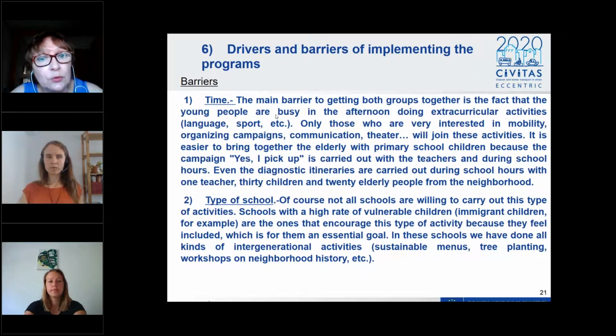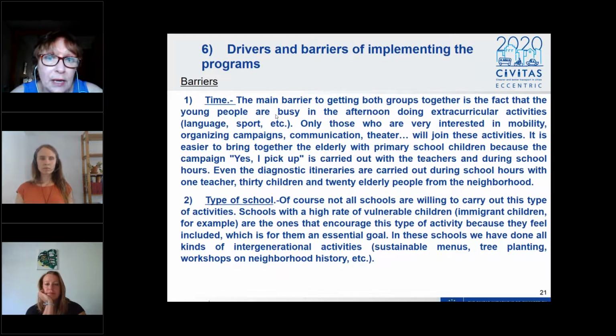It is easier to bring together the elderly with primary school children, because the campaign is carried out with the teachers and during school hours. Even the diagnostic itineraries are carried out during school hours with one teacher, 30 children and 20 elderly people from the neighborhood. Then it's easier to work with primary than with secondary.